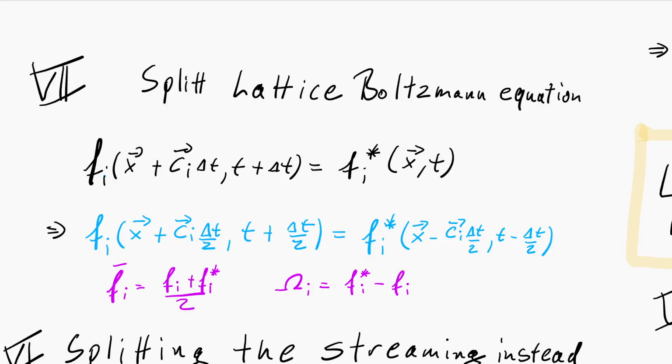and we will also have this collision operator. And if you're familiar with the Taylor expansion and you look at the Taylor expansion of this lattice-Boltzmann equation, you will easily recognize that due to the occurrence of plus and minus here in the opposite directions, you will always observe that half of the terms in F bar will disappear in the Taylor expansion, and half of the terms of the omega will disappear in the Taylor expansion.